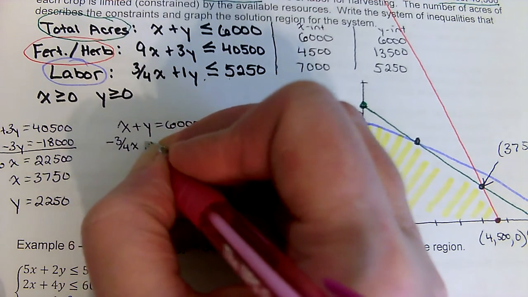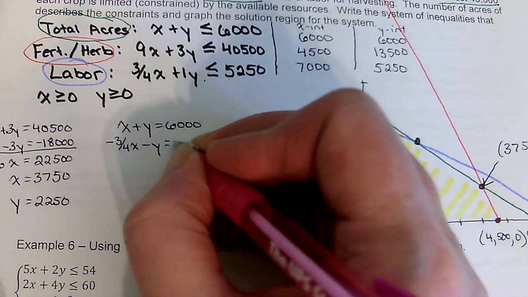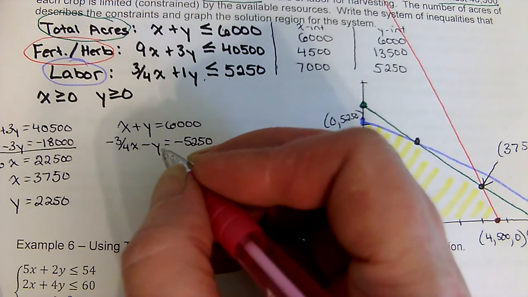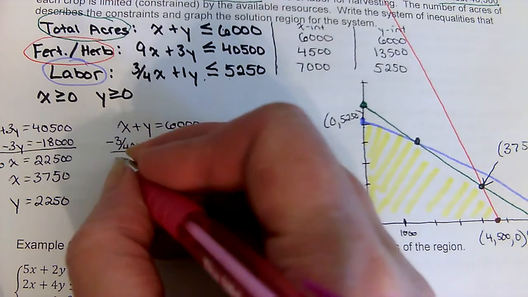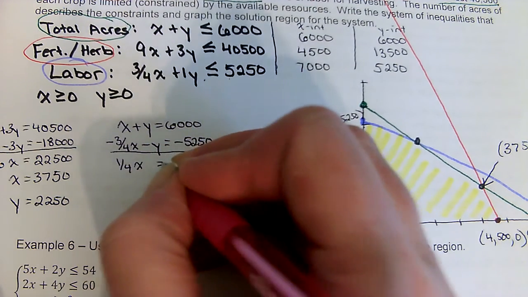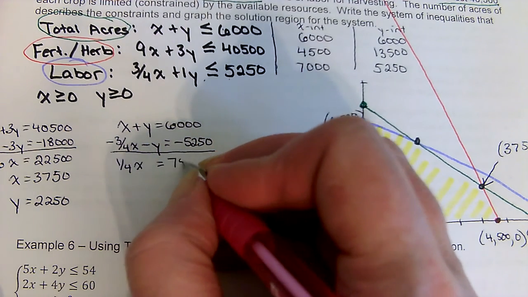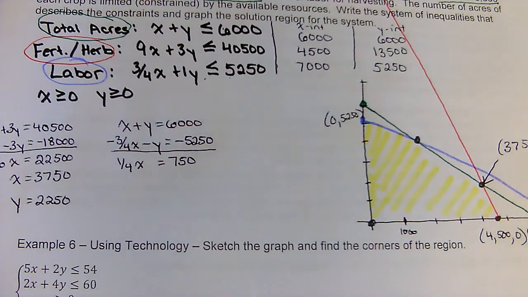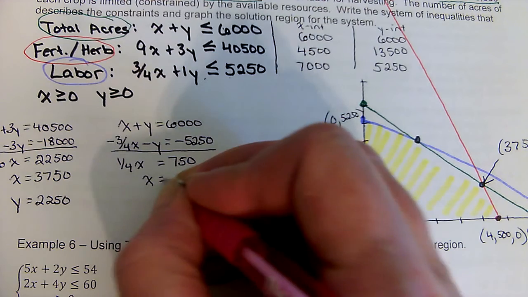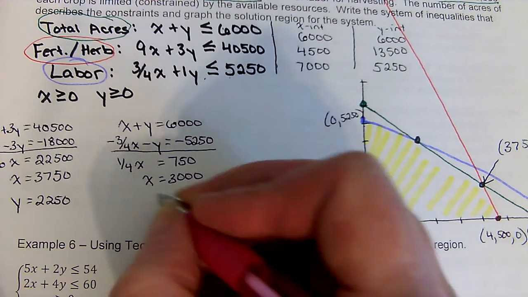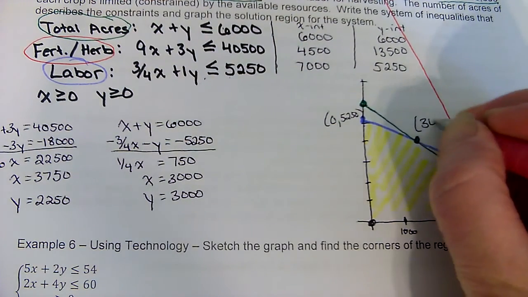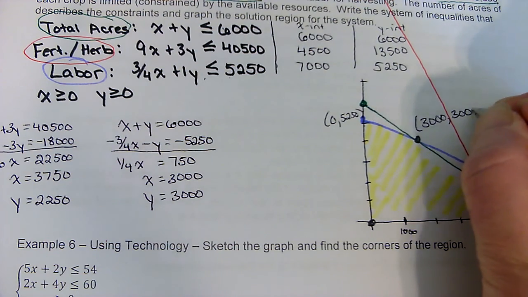Negative 3/4 X minus Y equals negative 5,250. And I would get 1/4 X equals, was that 750? And then 750 times 4 gives me 3,000 acres. And that would mean I'd have 3,000 acres for soybeans. So that point is 3,000 and 3,000.